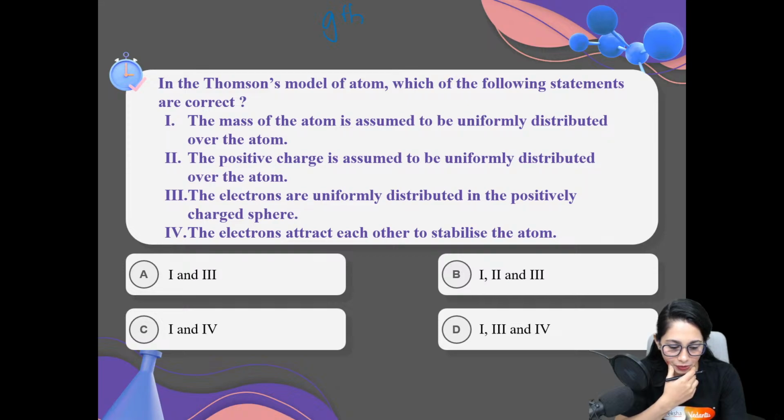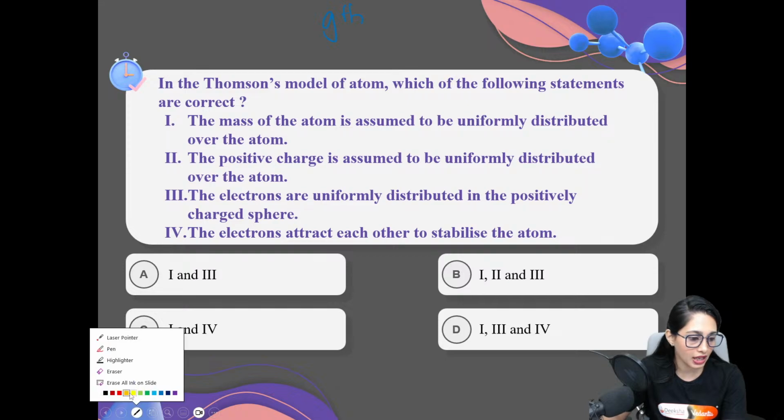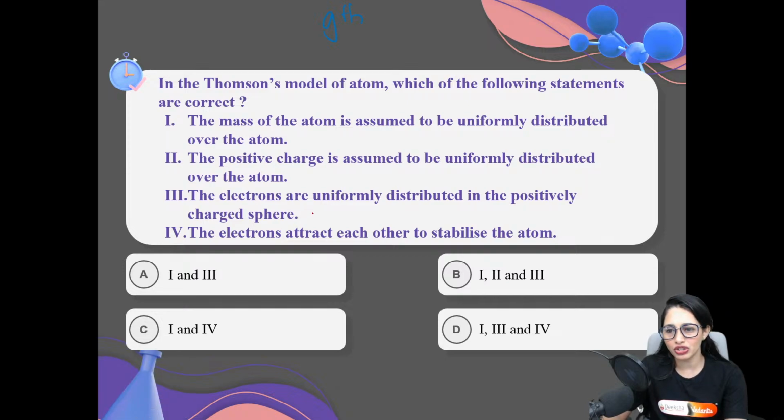Tarun is saying option C. Anand is saying option B. What is the answer? The mass of the atom is assumed to be uniformly distributed over the atom. Did he speak anything about the statement? Let's see. The positive charge is assumed to be uniformly distributed over the atom. Yeah, this is true. The electrons are uniformly distributed in the positively charged sphere. Is this true?